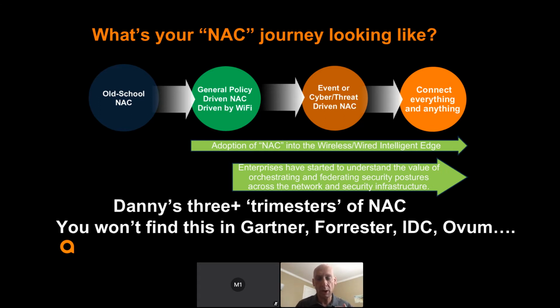Most people are running what I call today general policy-driven NAC, and that NAC is along the lines of you authenticate, and generally we're looking at the user, not the device too much. You authenticate, we validate that authentication, and we let you onto the network. And then ClearPass or NAC is typically done then for the day.